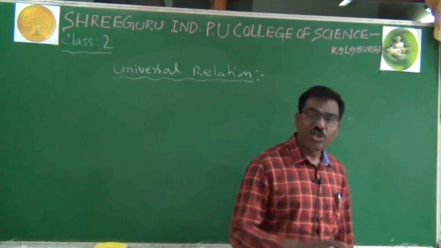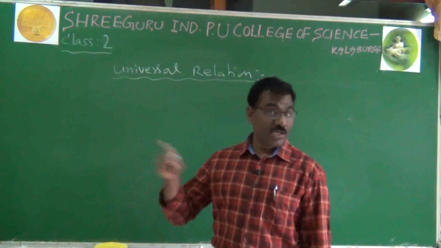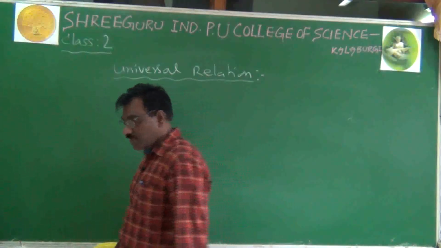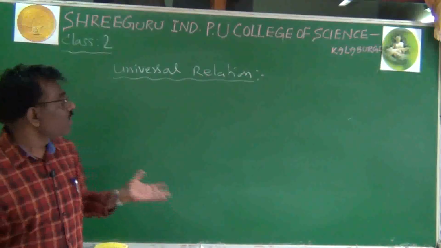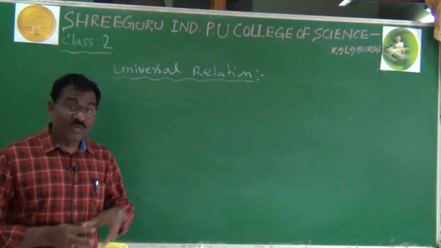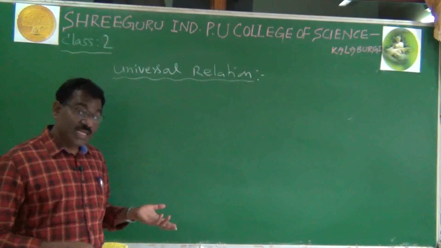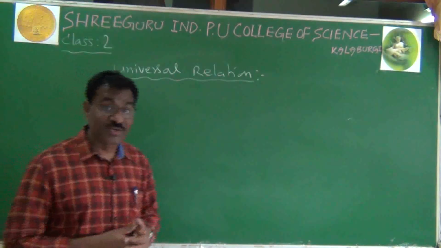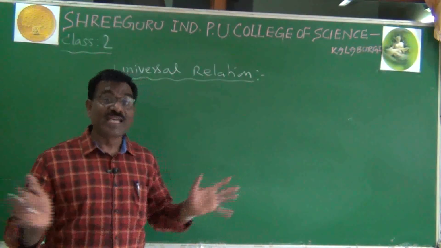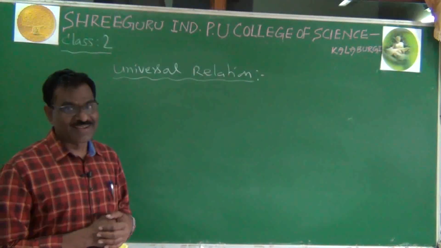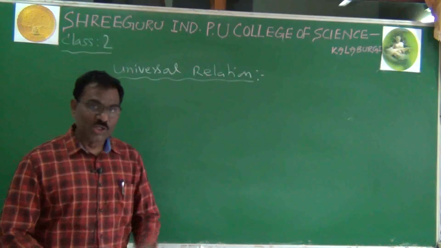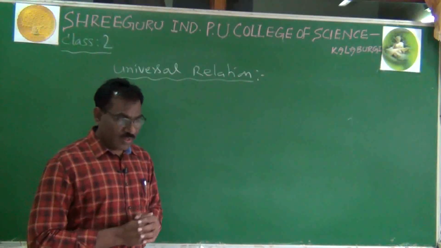A relation R on a set A is said to be a universal relation if each element of set A is related to every element of set A. That is called universal relation.